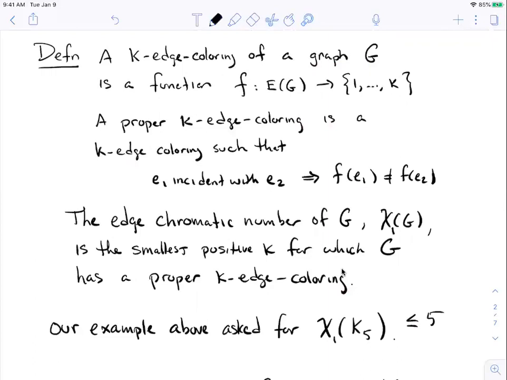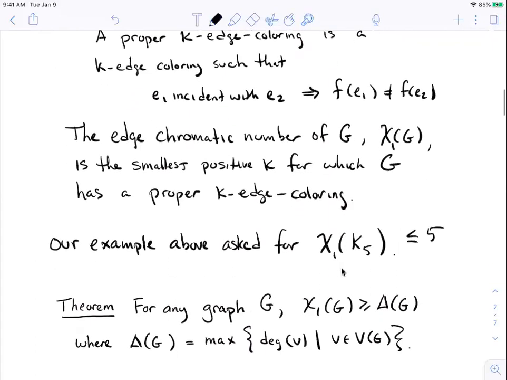Cool. Okay, so first result, and it's a quickie. It's somewhat obvious. Recall that the notation capital delta of G just denotes the max vertex degree in a graph. So the edge chromatic number is certainly going to have to be greater than or equal to that. If you have a vertex of degree delta G, there are delta G edges incident with that vertex, and they all have to get a distinct color.